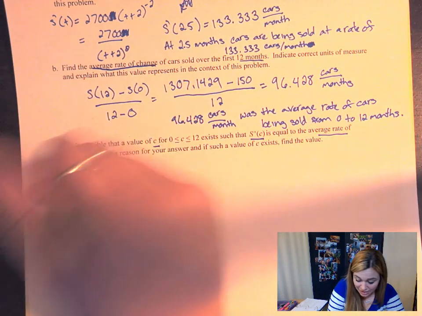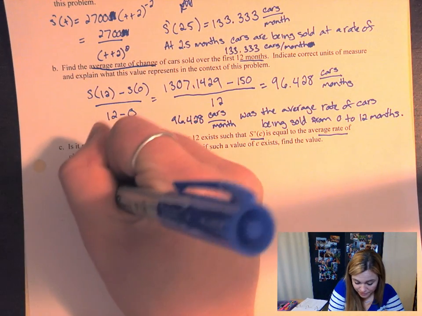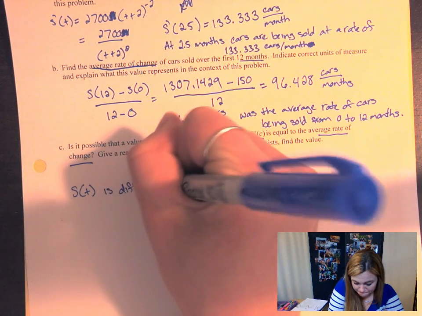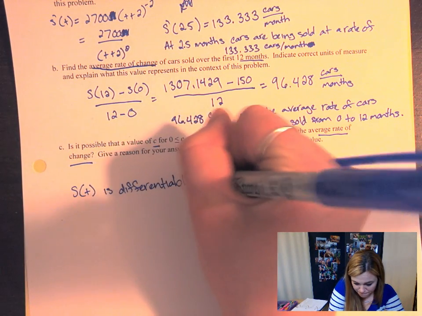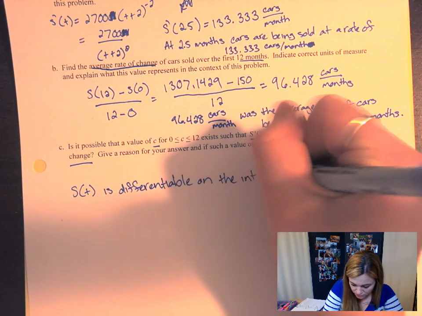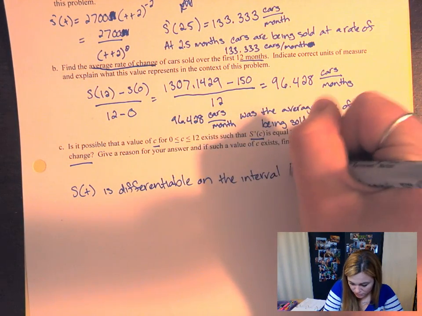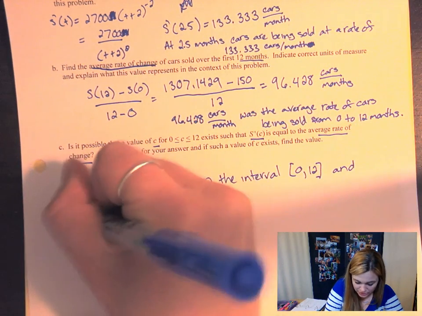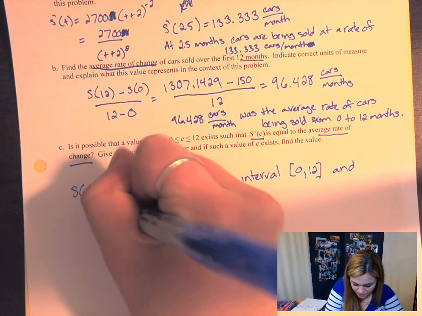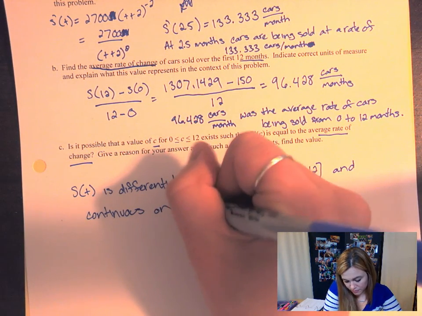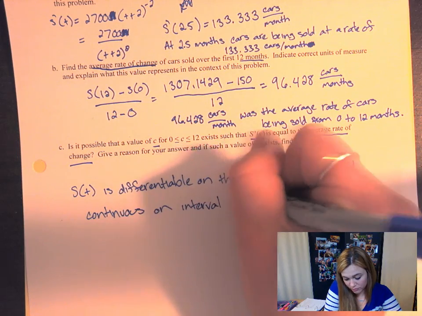So I'm going to say S of t is differentiable on the closed interval 0 to 12, and continuous on the open interval 0 to 12.